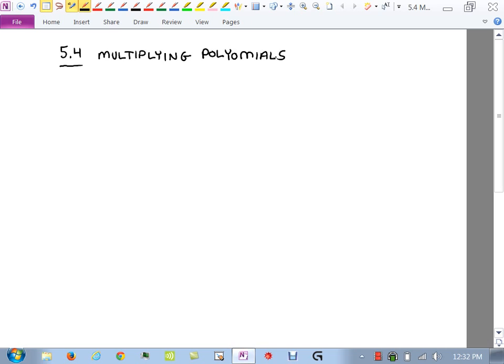The idea behind adding and subtracting polynomials is that you had to have like terms. If you had like terms, all you did was add the number in front. It's called the coefficient. You just add up the numbers in front, but you don't change the variables. You didn't change the x's or y's or z's.